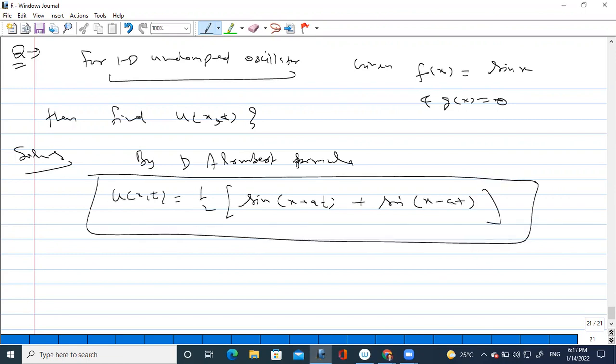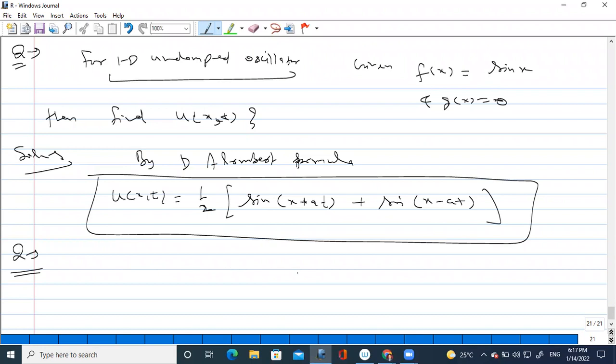Like this you can solve. Okay. One more question I will take. That question I will solve by a different method, and you can cross-check it by the D'Alembert method. Understood? Using the D'Alembert method is very simple. Directly you can use whatever f(x) is given in the question. In that you can put x plus at and x minus at, add them and just take half of that. So you can do it easily.